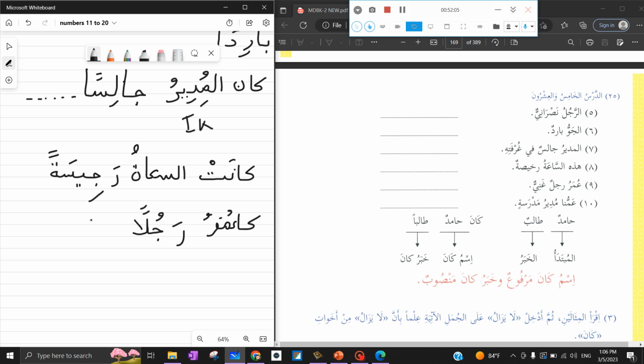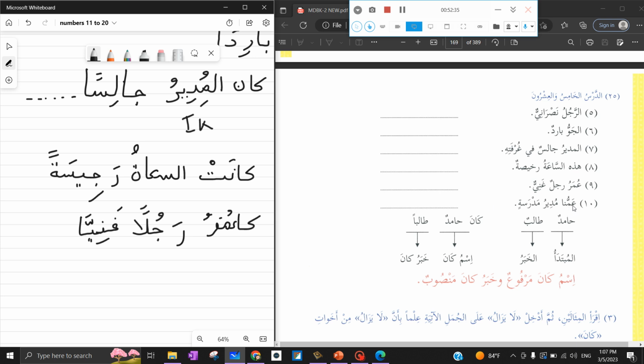And you should not put lam and then straight alif, because lam alif comes like this. Now after that, ghaniyun. Now ghani is the sifa for rajul, so it will also follow the noun, so it will also be in mansub. Ghaniyan with an alif and shadda and fatha. Ghaniyan.